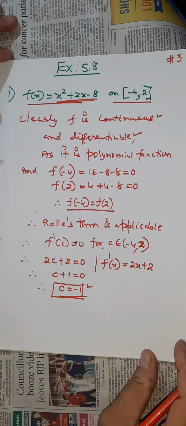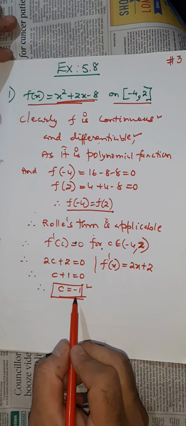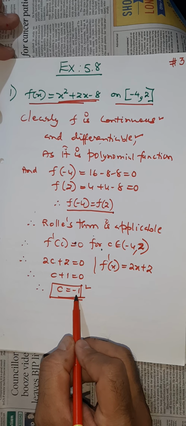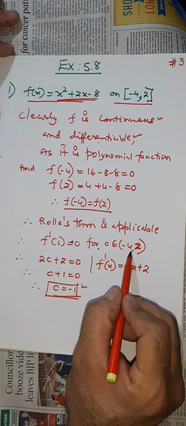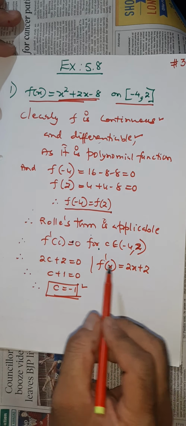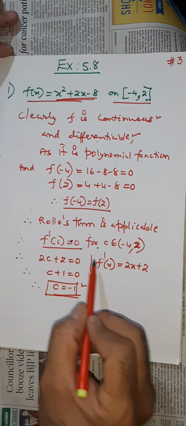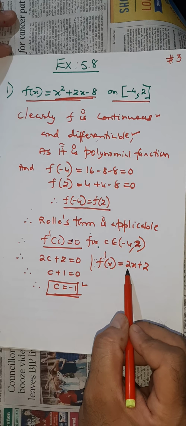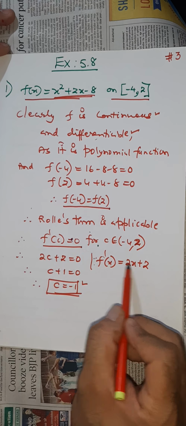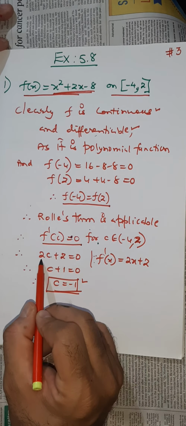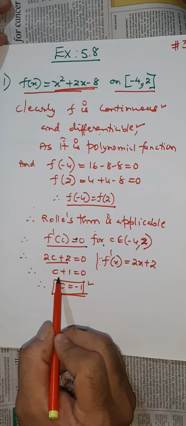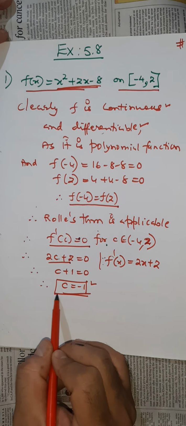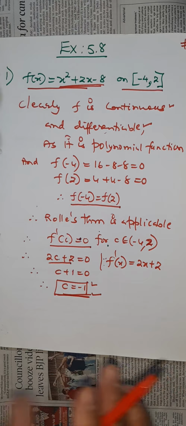This is what you have to do in a Rolle's theorem question. We got the c. You can find one c from the open interval minus 4 to 2 such that f dash c becomes 0. So what I did, I just differentiated to get 2x plus 2, then instead of x I put c, 2c plus 2, divided by 2, c plus 1 is 0, so c is minus 1.